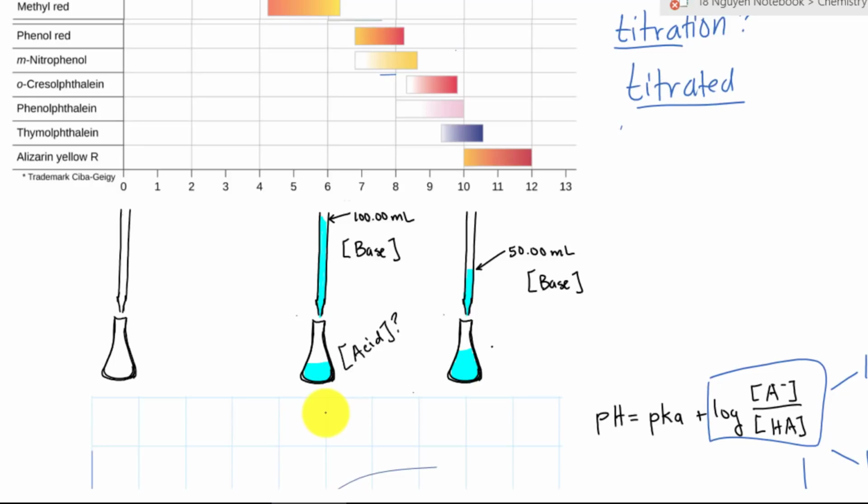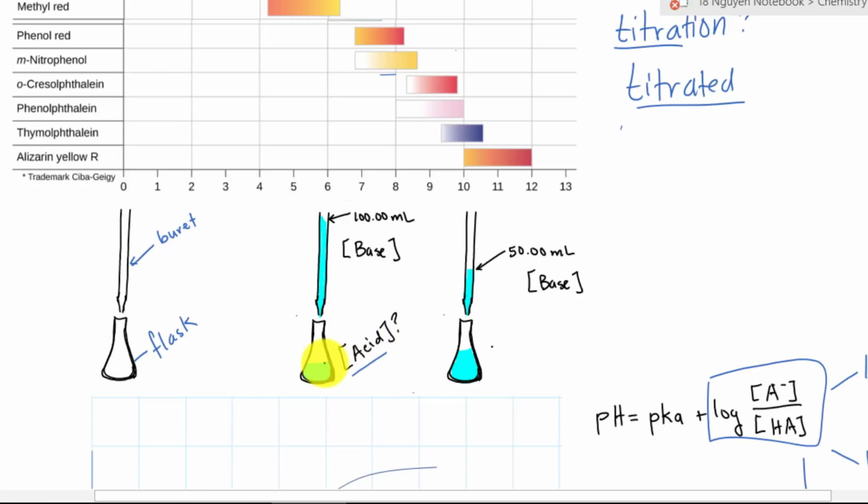So here is the apparatus or the setup of titration. I have myself a flask, and this is the burette. In the flask, in this example, I'm going to look at an acid solution where the concentration is unknown.